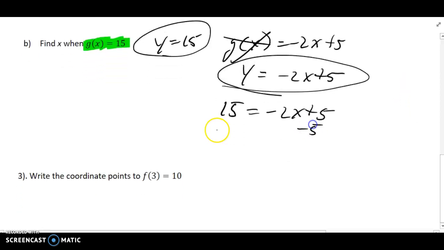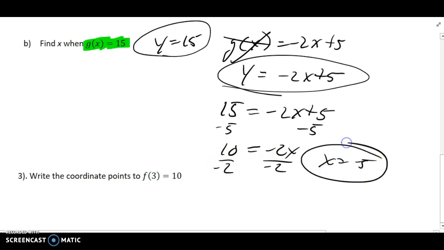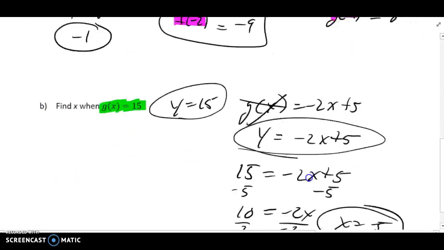So we get -5, 10 is equal to -2x, divide off -2, get x equals -5. Okay? Alright, that's how we solved it. So notice the difference between the green and the purple.